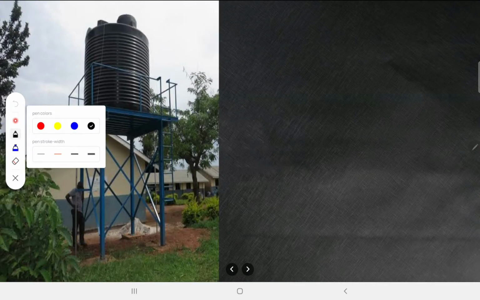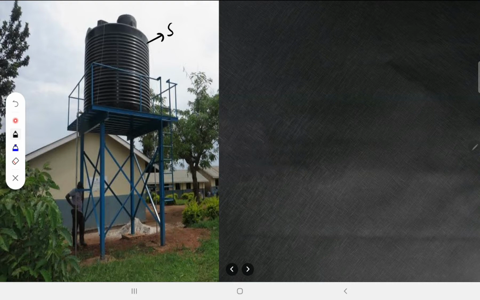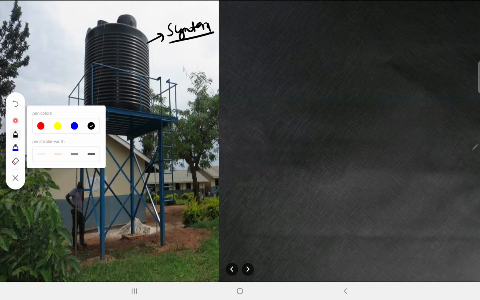Now look at this. In this syntax tank we have stored water. We have pumped the water with the motor. The water is stored, and whenever we need it, it can come down through the tap, with no need to use the motor. What kind of energy is there in the tank?